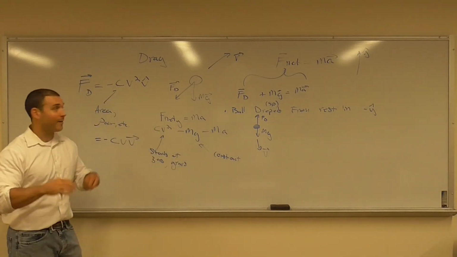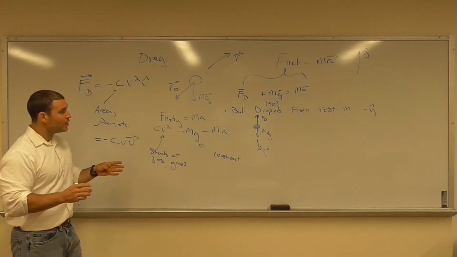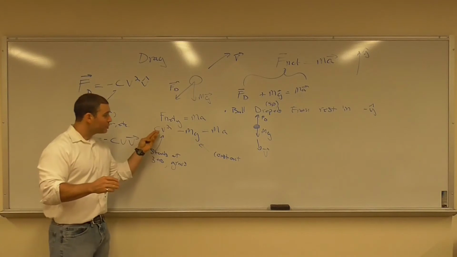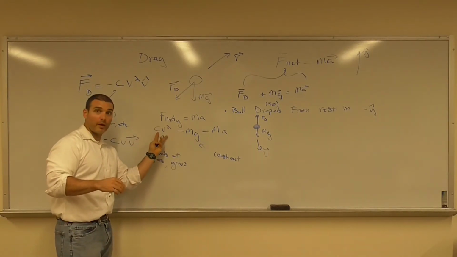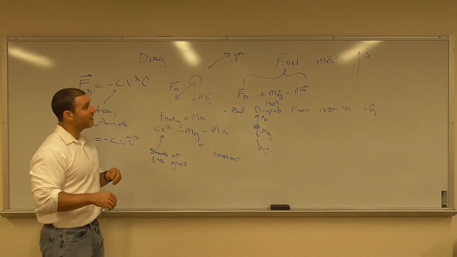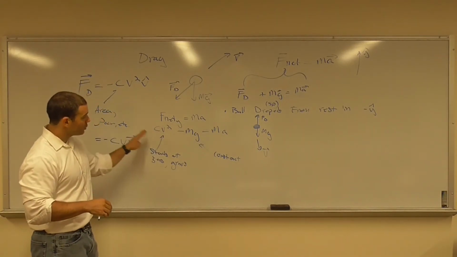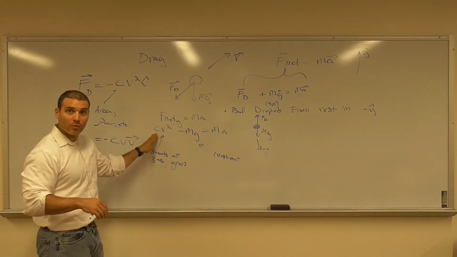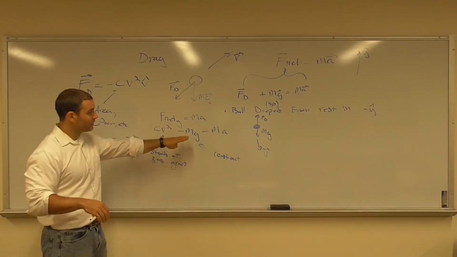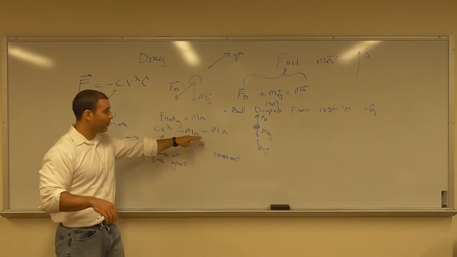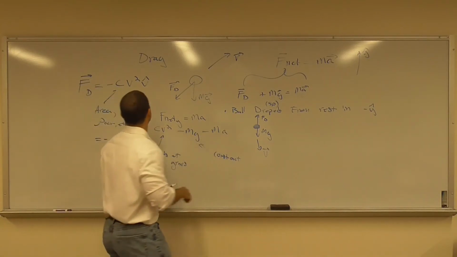Gravity is constant. So what I end up with is two forces. One of them is constant and negative, the other one is positive and growing. And what's going to happen is that term over here is going to grow and grow and grow until it matches gravity. At that point, the acceleration becomes 0.